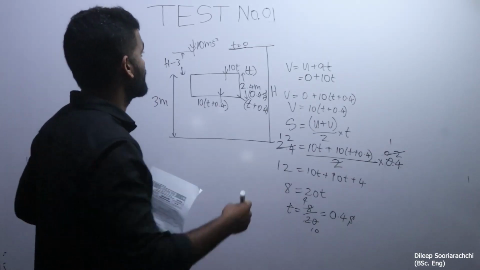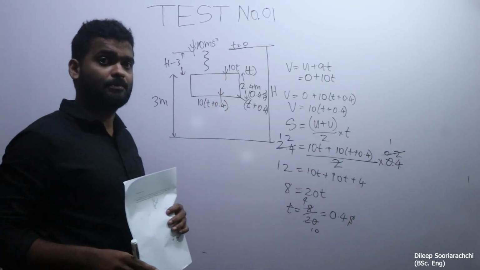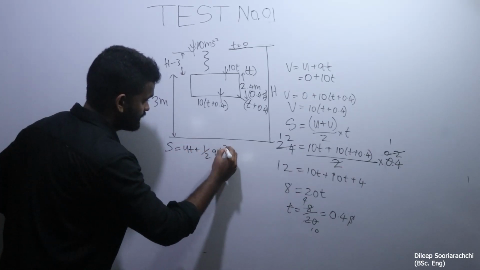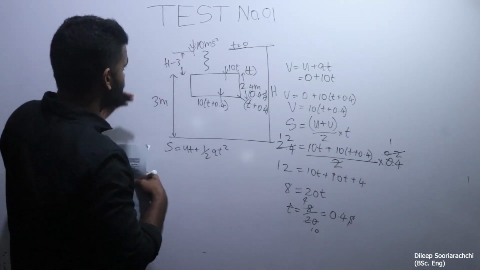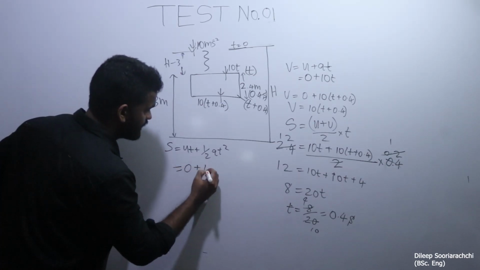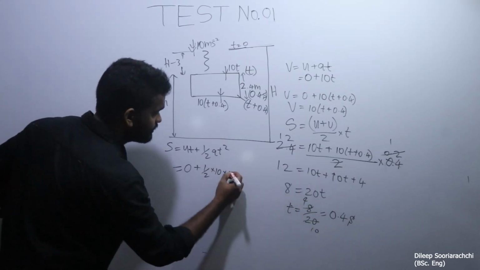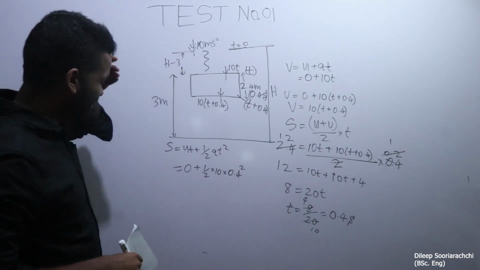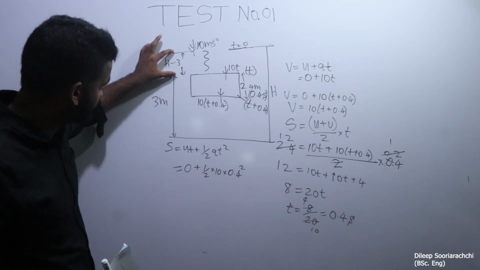If you know the time, then I am going to apply S equals ut plus half a t squared from the tree to the top of the window. The initial speed is 0 for the mango, so this is 0 plus half times acceleration 10 times t squared. We found t is 0.4, so 0.4 squared. This whole thing is equal to H minus 3, the distance traveled here.